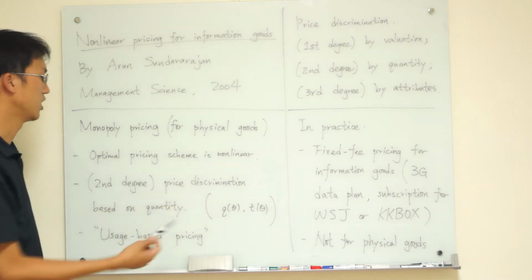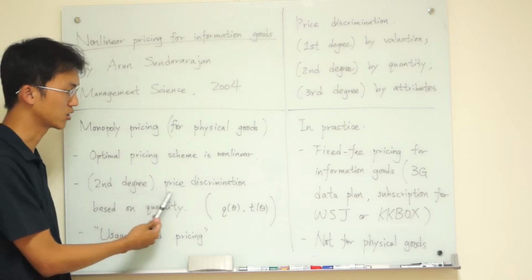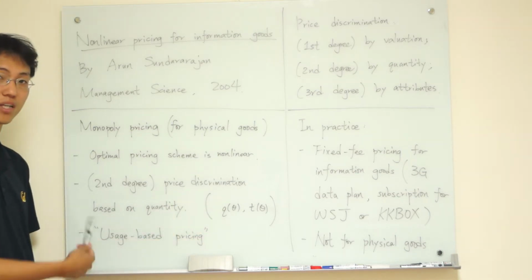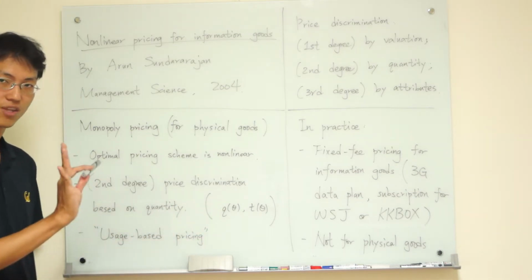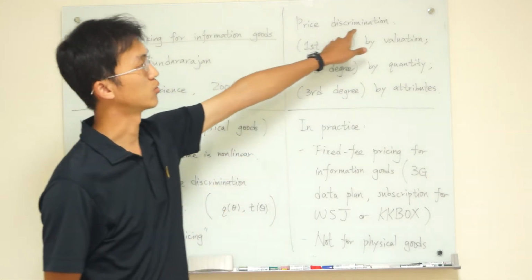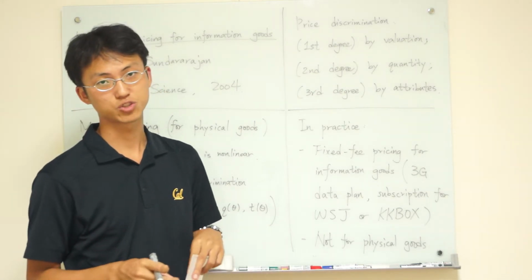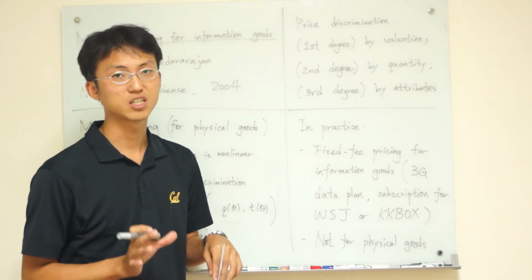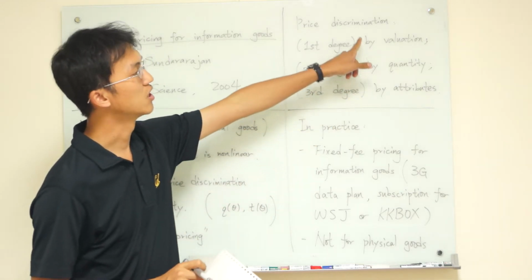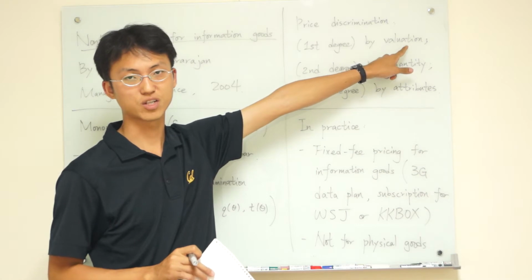That's one thing. Another thing is that we are actually doing a second-degree price discrimination based on quantity. Okay, so let me introduce to you the idea of price discrimination. We mentioned one thing about why information asymmetry is a problem here. It's because, as a seller, you cannot see the valuation of consumers.